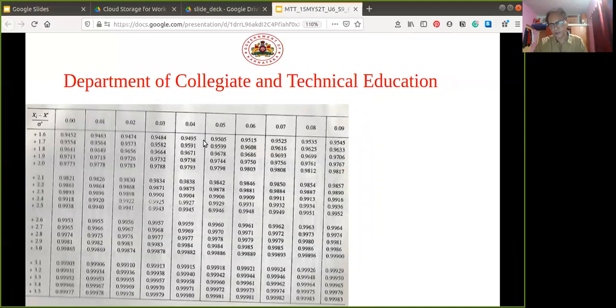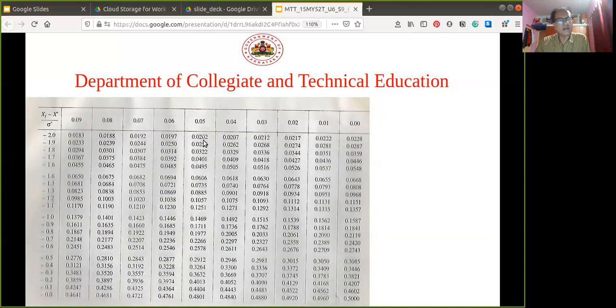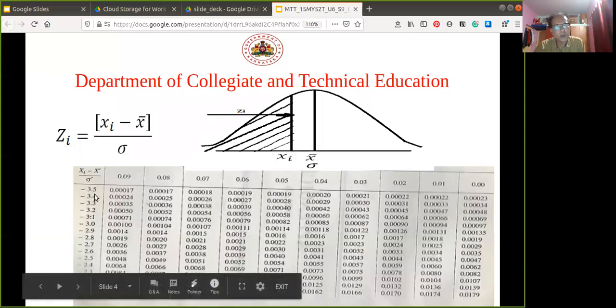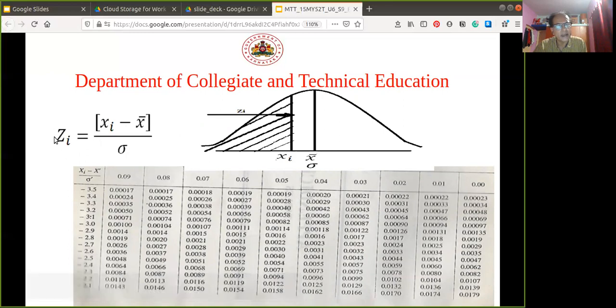Once again I'll go to the top. Say I got the value zi equal to minus 3.5. I can't take this value 0.0017, neither can I take that one. I can read this minus 3.5 as 3.50.